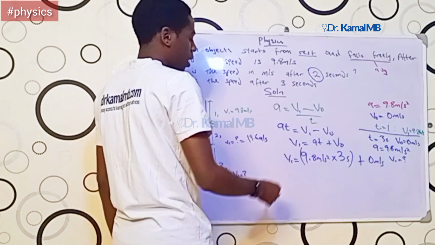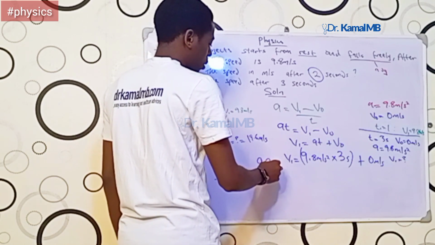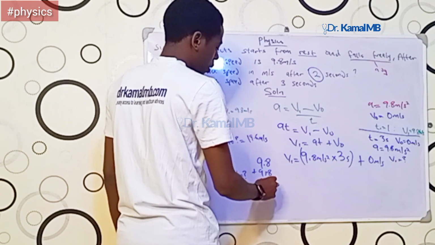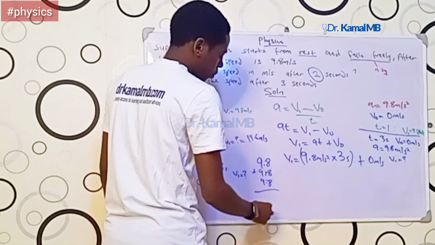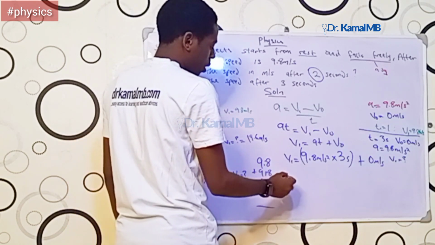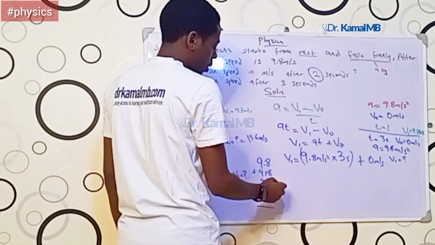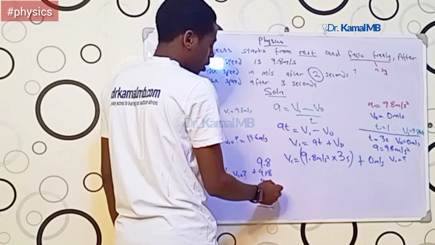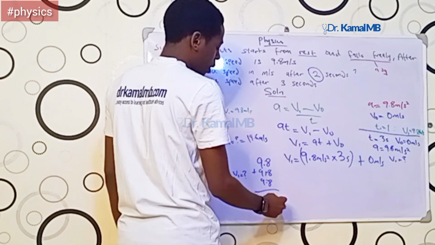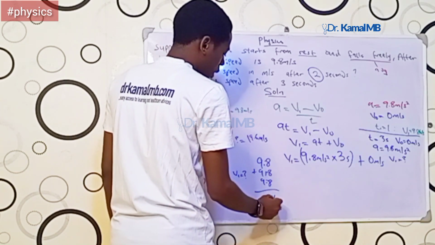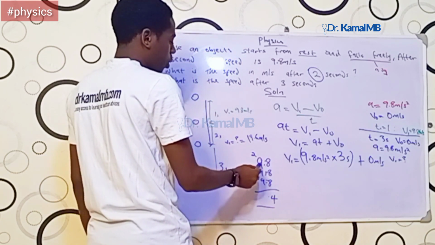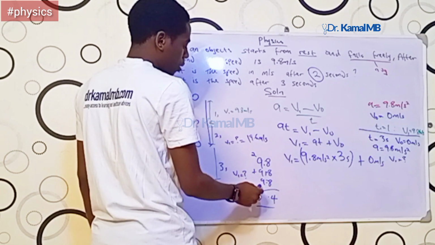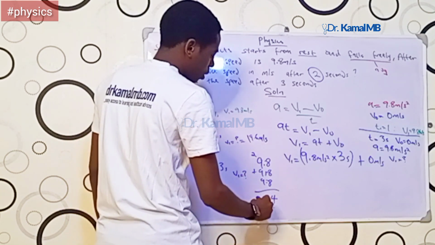So 9.8 times 3 is the same thing as 9.8 plus 9.8 plus 9.8. 8 plus 8 plus 8, it will give you what? 8 plus 8 is 16. 16 plus 8, we have 24. 4 carry 2. 9 plus 2, 11 plus 9, 20 plus 9, 29.